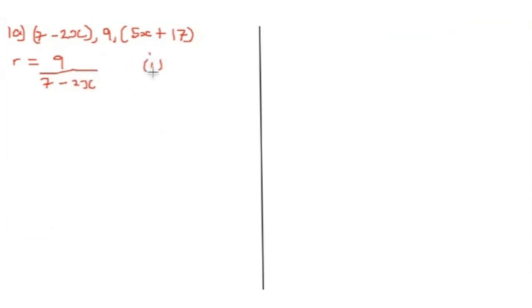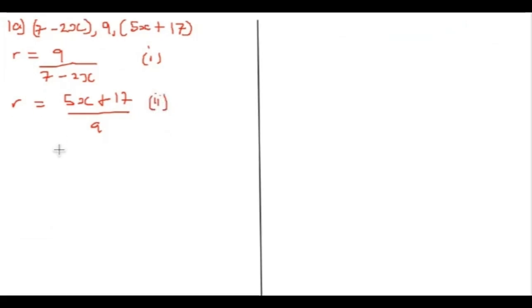Let's call this equation 1. Then we also know that the common ratio can be expressed as 5x plus 17 divided by 9. Let's call this equation 2. Now, r is the same. So the next thing to do is to equate equations 1 and 2.